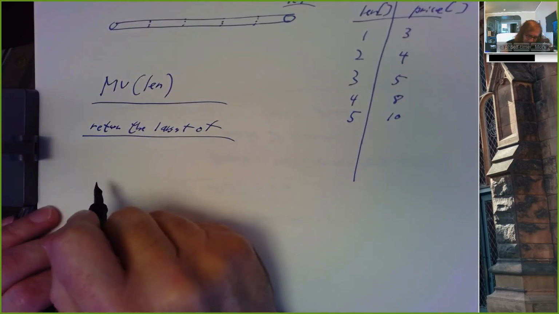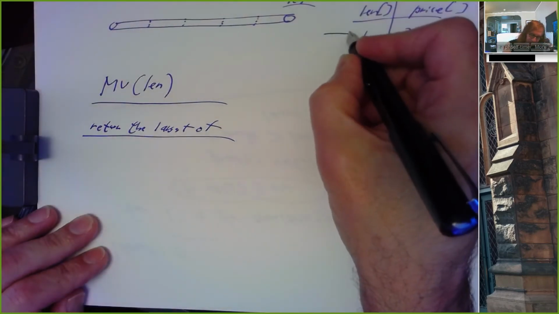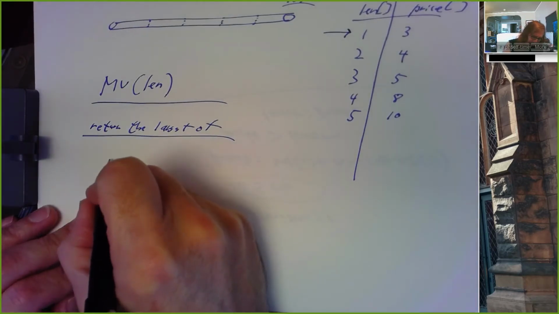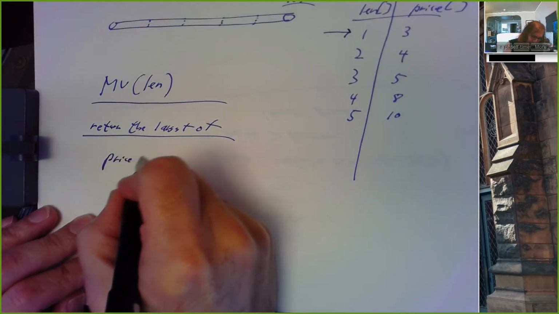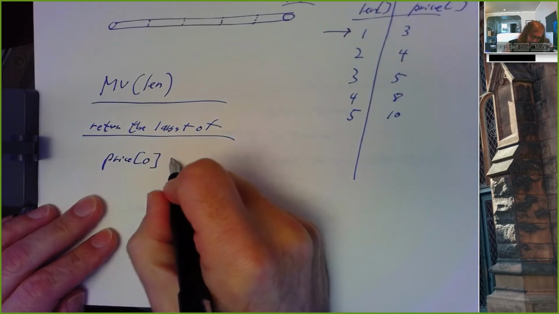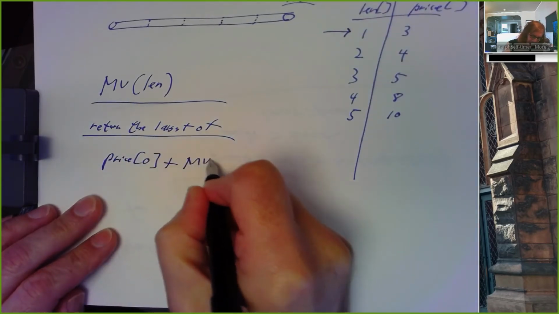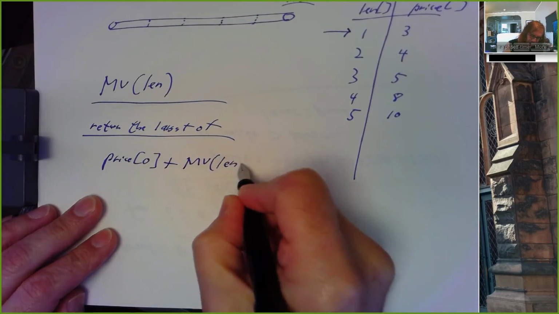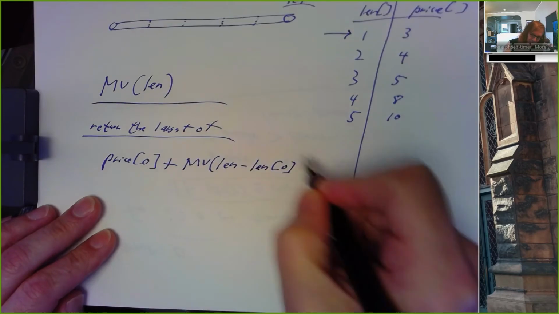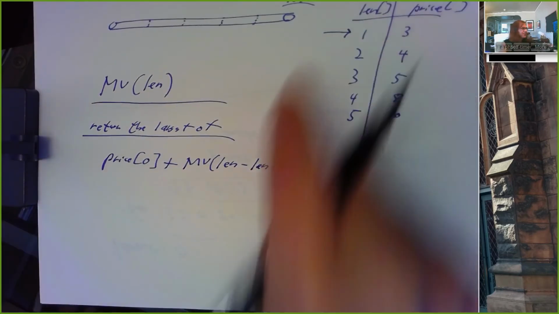So let's say if we cut off a chunk of rod this length, right? Then that's going to be worth whatever the value of that length rod is. And then the remaining rod that we're going to chop up is the original length diminished by the length of the piece we just cut.